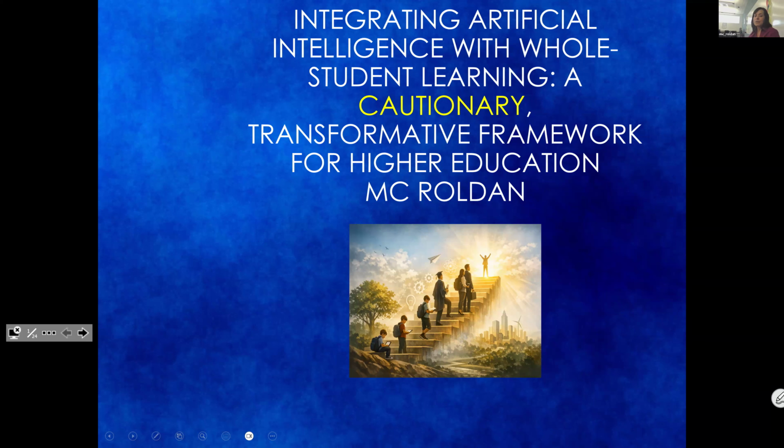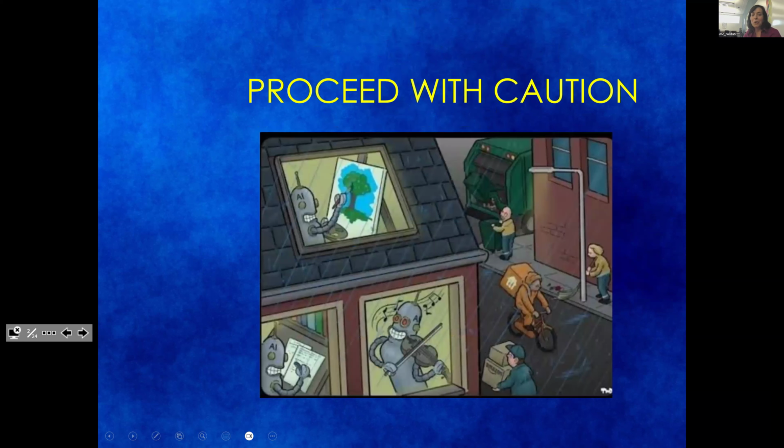In this presentation, we're going to look at some well-respected contributors to the field of learning and whole student development, which I think cannot be separated. And we also carry a warning. So here's your warning: proceed with caution.